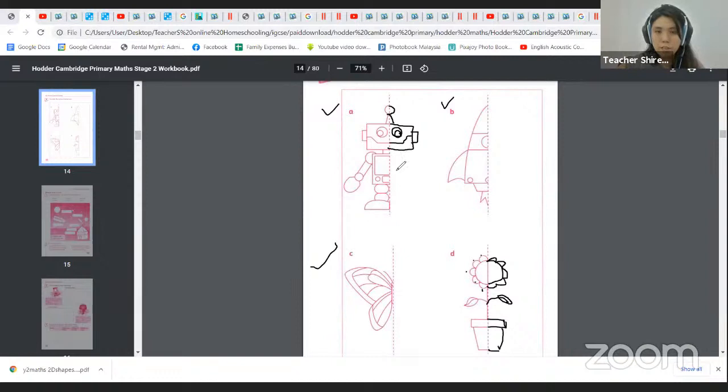Okay, so can you figure out all the rest of A, B, and C? Okay, try to draw on the paper. I don't know how to draw her feet.